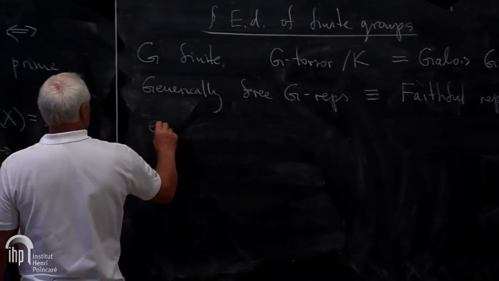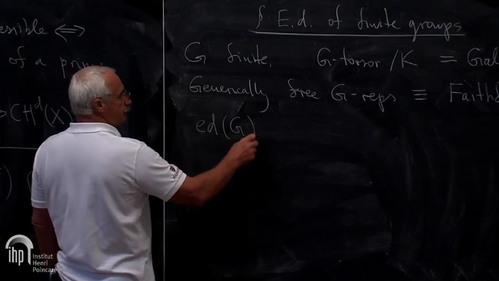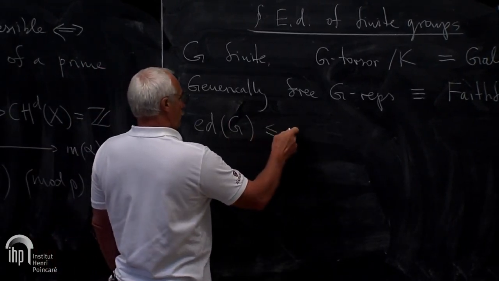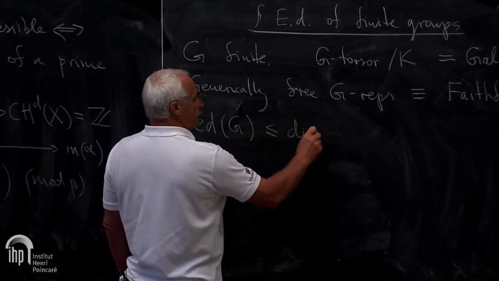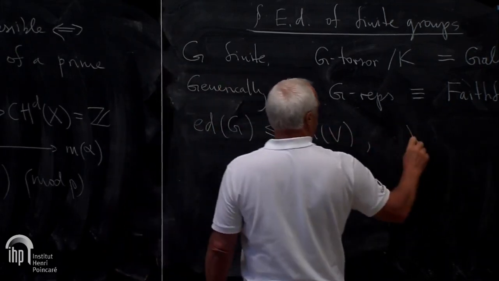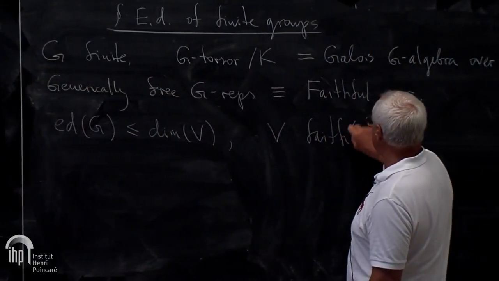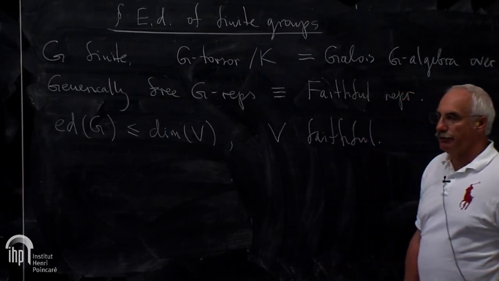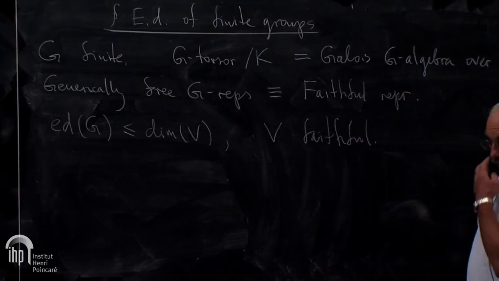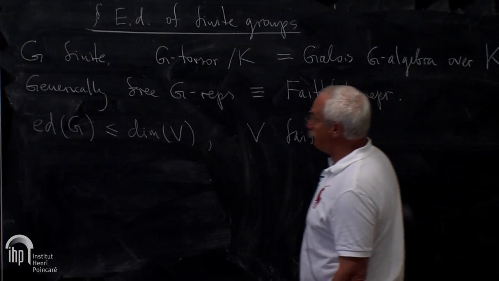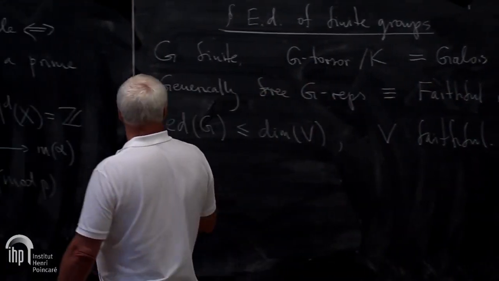The essential dimension of G is at most the dimension of every faithful representation. And the question is whether it's equal to the minimum dimension of a faithful representation. The answer is no, and there are two examples.